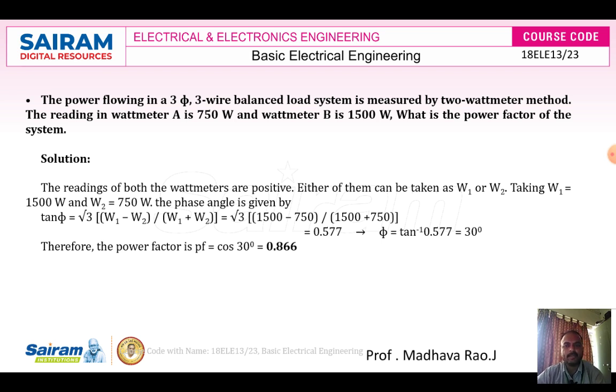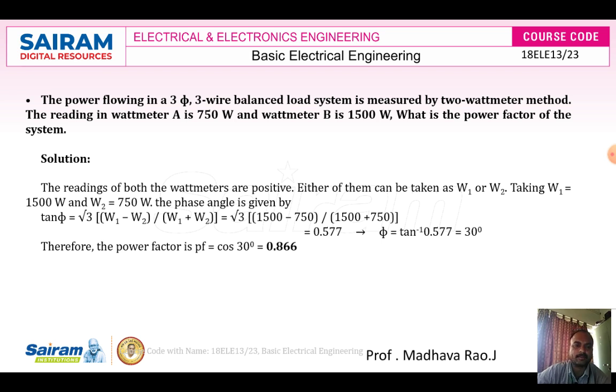So W1 and W2 are given, and also they are telling that it is a three-phase balanced load system. Here we have a formula called the power factor formula using the two wattmeter method. Cos phi is equal to cos inverse of root 3 (W1 minus W2) by (W1 plus W2). Here first you write W1 is 750 watt and W2 is 1500 watt.